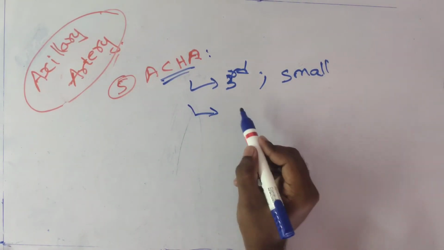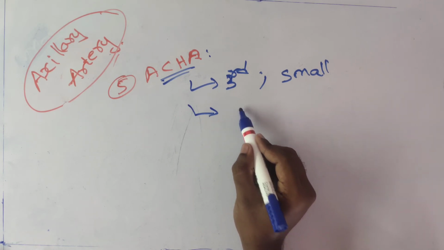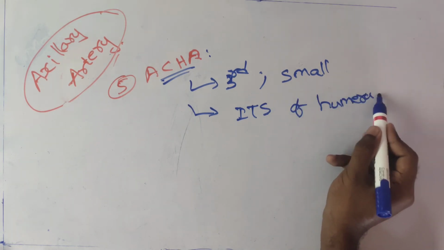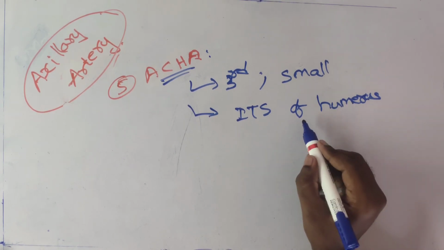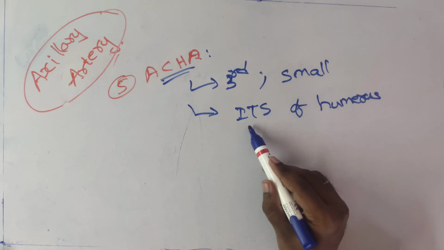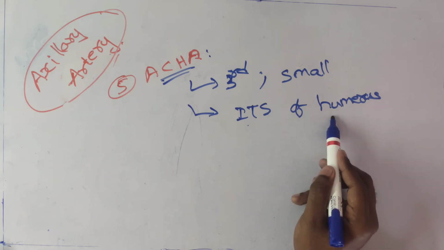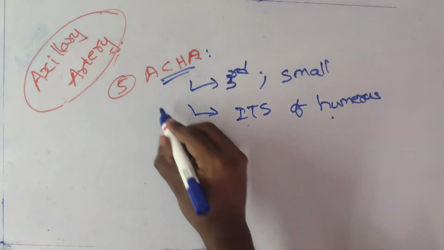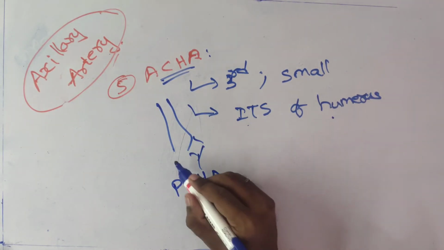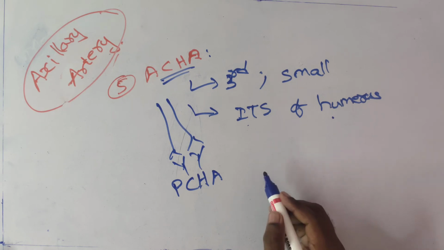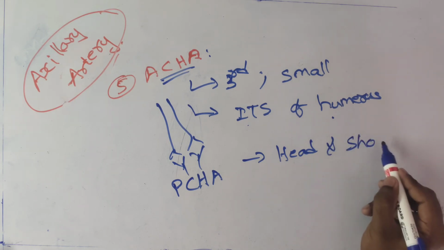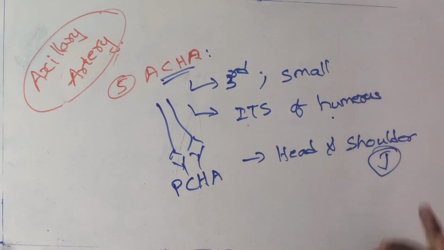It passes laterally in front of the intertubercular sulcus of the humerus, and anastomoses with the posterior circumflex humeral artery. It supplies the head of the humerus and the shoulder joint. This is about the anterior circumflex humeral artery.